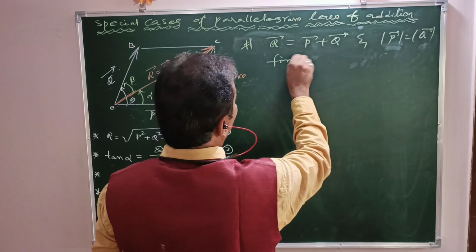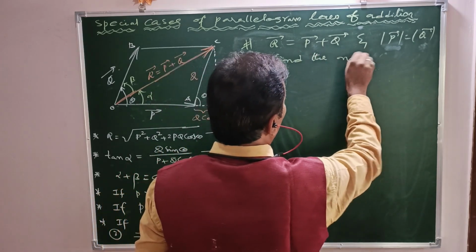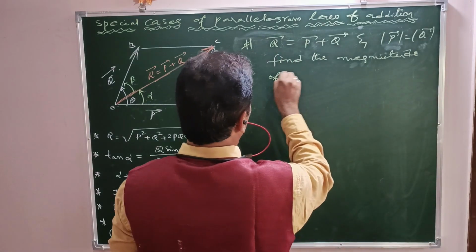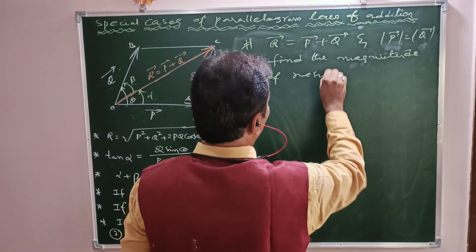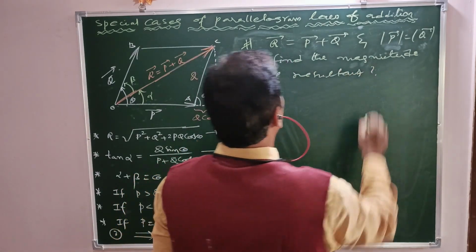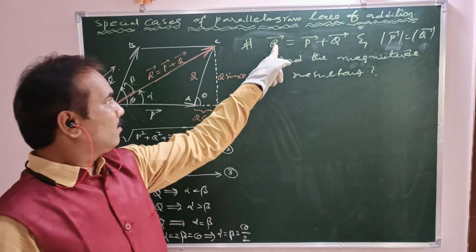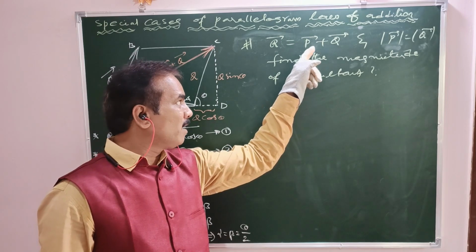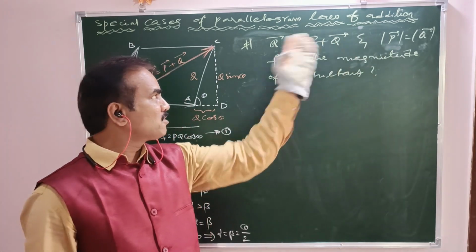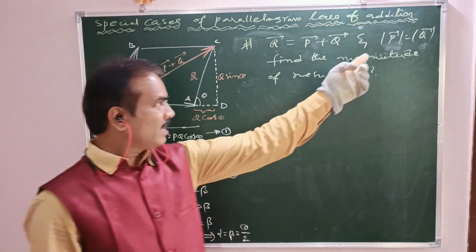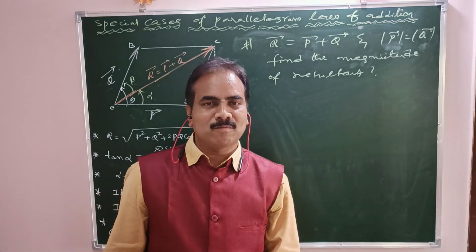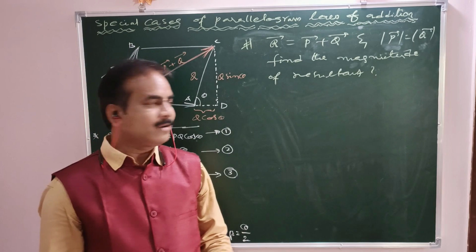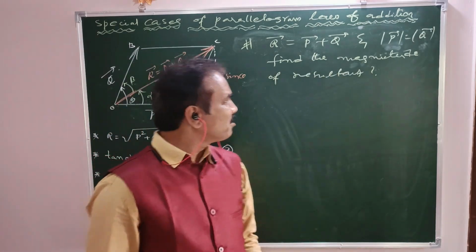Find the magnitude of the resultant. You can have R bar, that is the resultant vector, by adding two vectors, P bar plus Q bar. Mod P bar equal to mod Q bar means the given parent vectors are of the same magnitude. Both are added, then find the magnitude of the resultant.